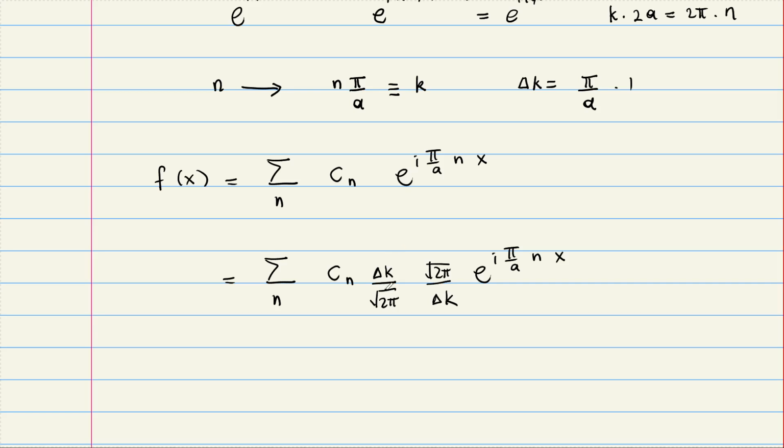This is going to be dk over 2 pi, that's what we had for Fourier transform integrals. Now identify this thing, because n will go to n times pi over a identified with k, I'm going to identify this with f of k.